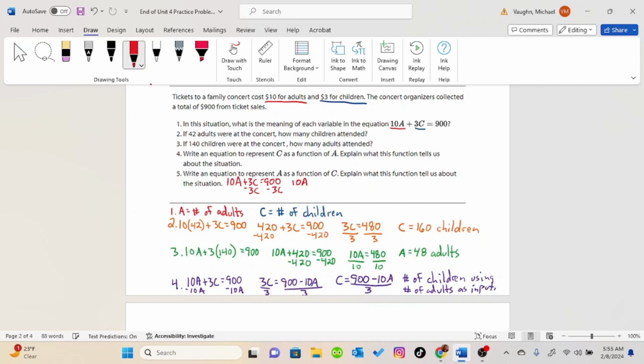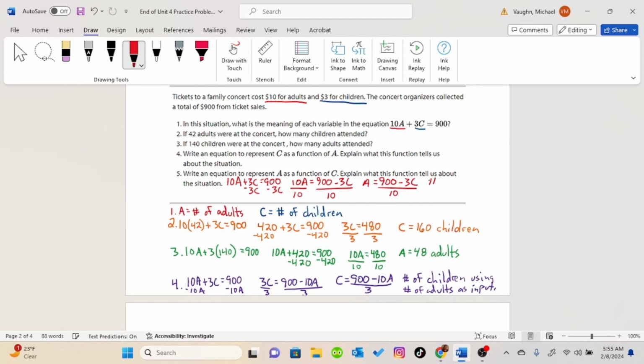We get 10a equals 900 minus 3c. Now we're going to divide both sides by 10, and we get a equals 900 minus 3c divided by 10.